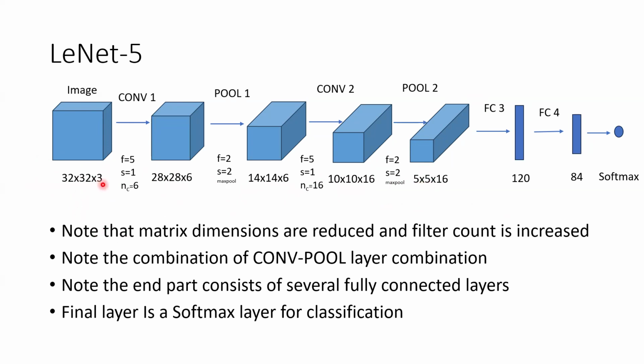What happened to the number of filters, or the depth? It was increased. Earlier there were only 3 color channels, then with the filters it was increased to 6. With pooling it stayed the same, and then with the convolution it was increased to 16. With the pooling it did not change and remained at 16.